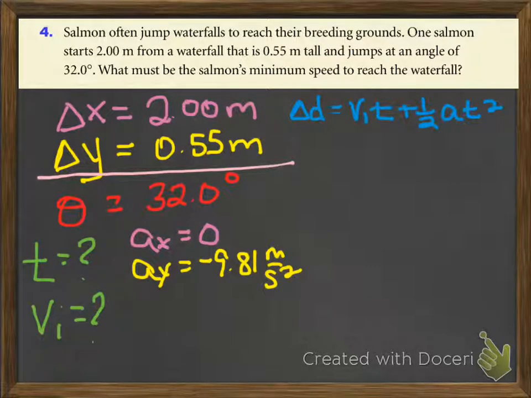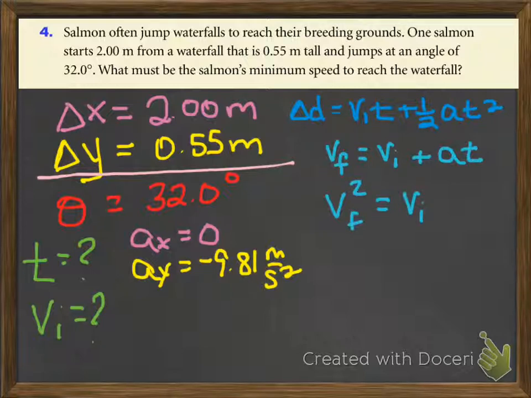Other equations we can look at for this type of problem are, the final velocity v is the initial velocity plus at, or we can look at the velocity squared final is equal to the velocity initial squared plus 2 a times the change in your distance.